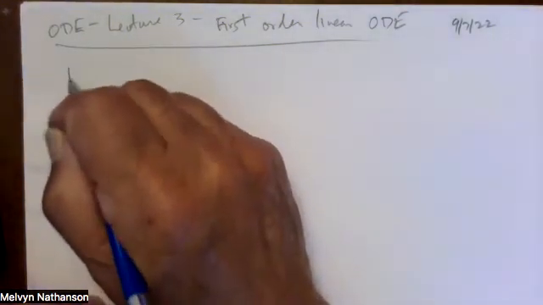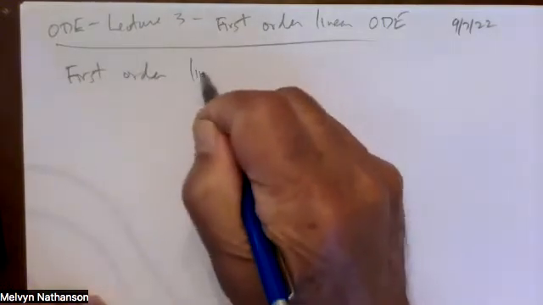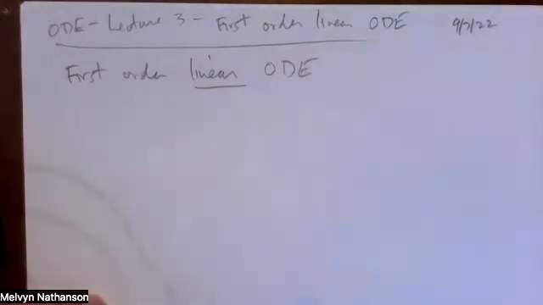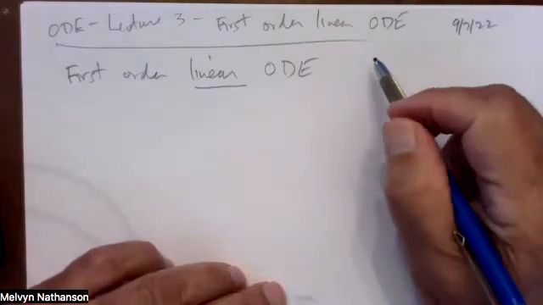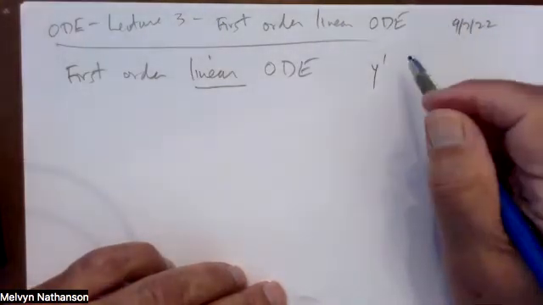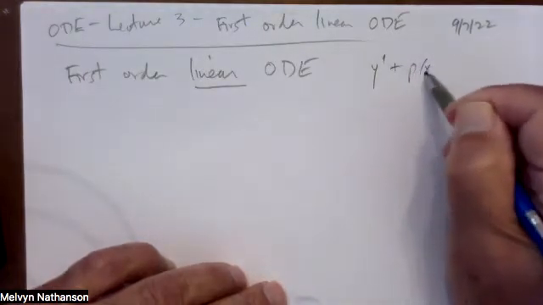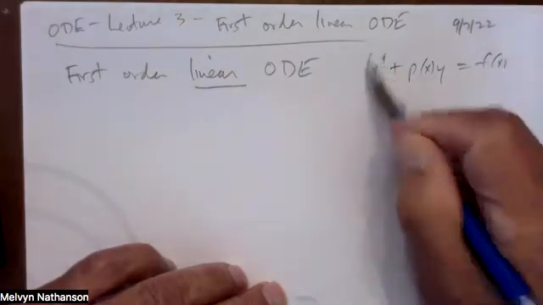Okay, so if we have a first order linear ordinary differential equation, there's an unknown function y, and its first derivative is in the equation, y prime, and linear means y prime plus some function p of x times y equals f of x.